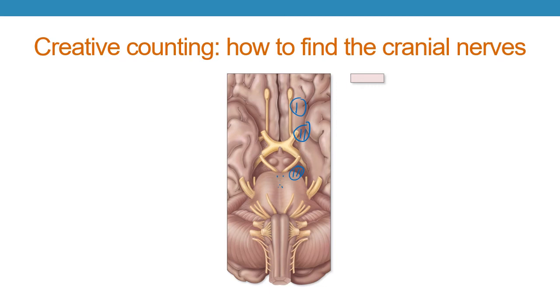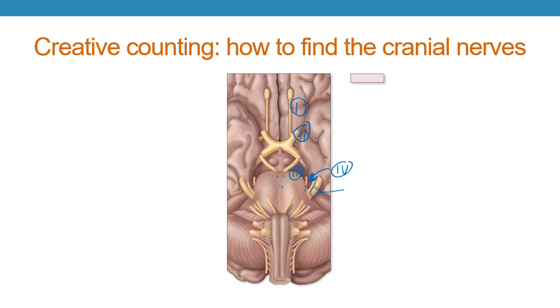Cranial nerve 4 comes out from behind the midbrain here, so you may actually have to take your brain model apart to find cranial nerve 4.